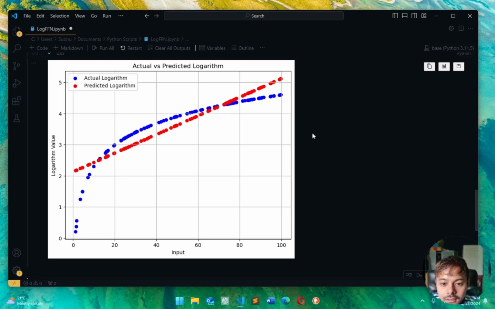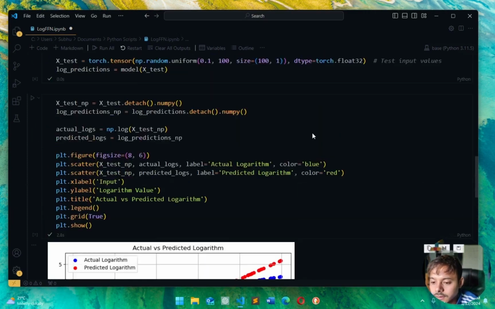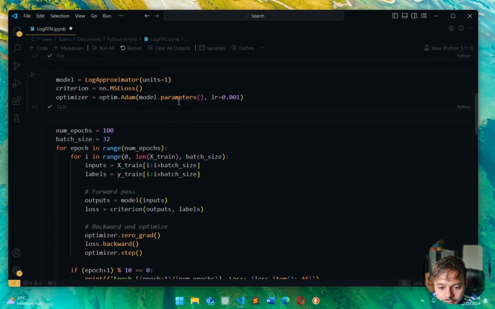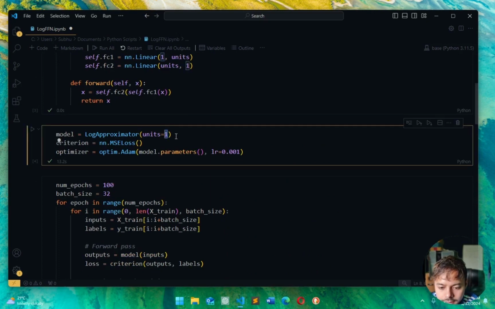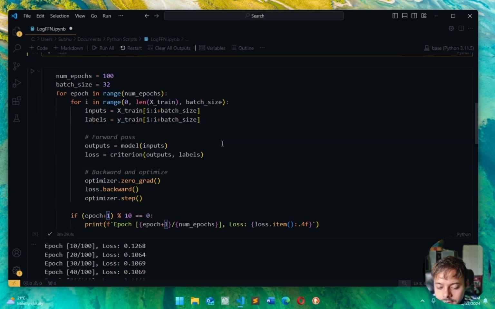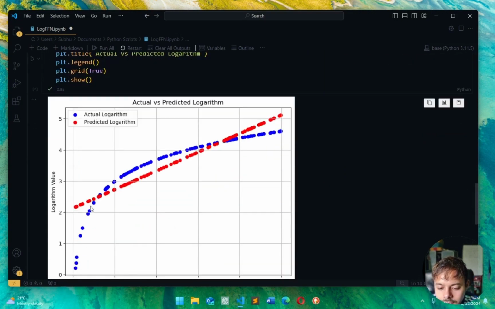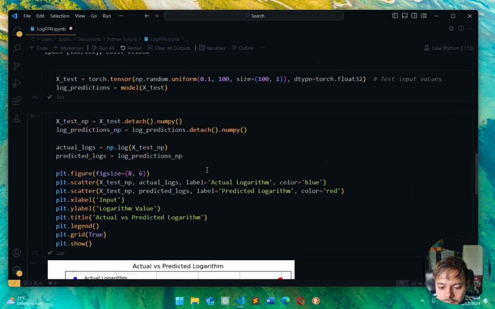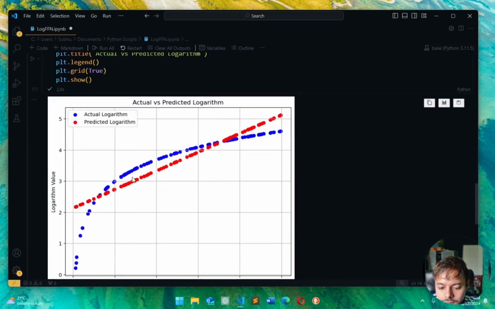Can it fit a curve using more hidden units? Because we have only passed a single hidden unit, and it is only fitting a line here.